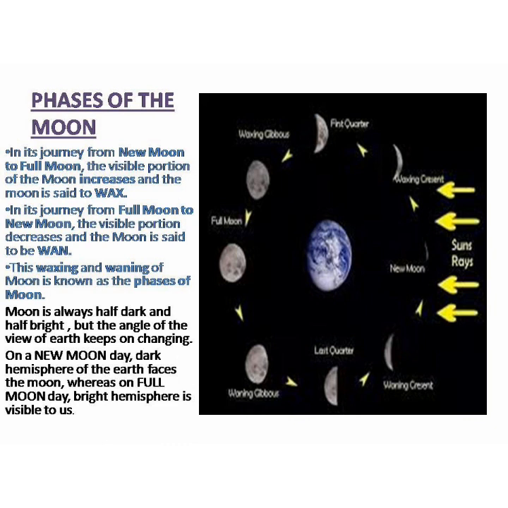Whereas on a full moon day the bright hemisphere is facing towards the earth, so we can see a full circular moon on that day. So new moon day to full moon day is called the waxing process, and from full moon day to new moon day again is called the waning process.